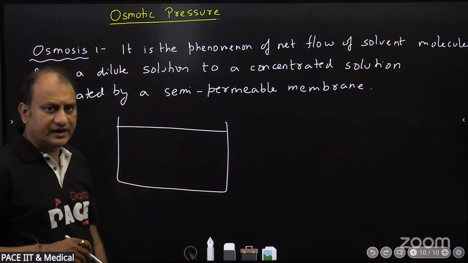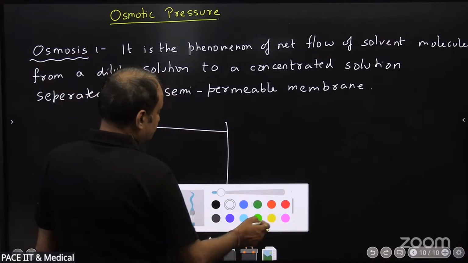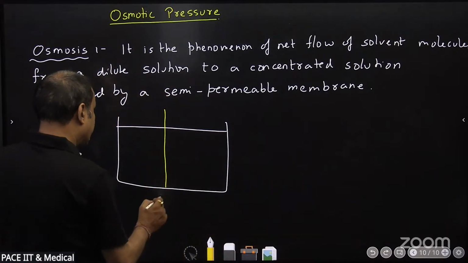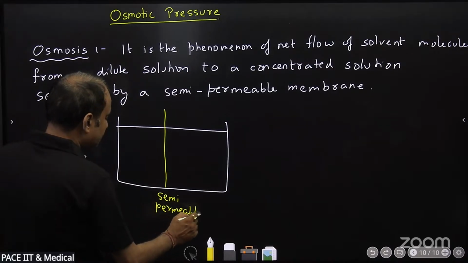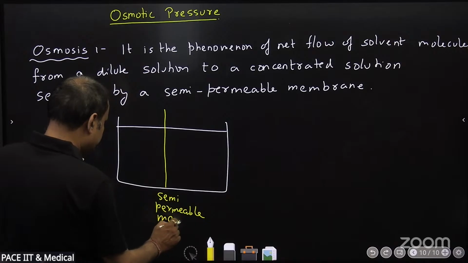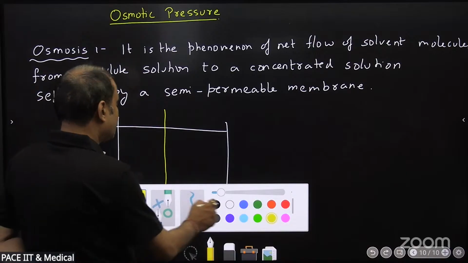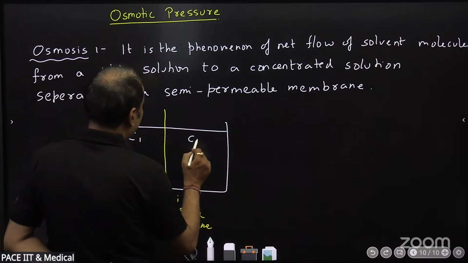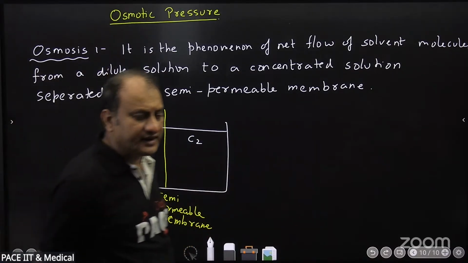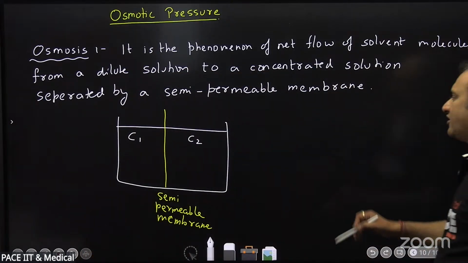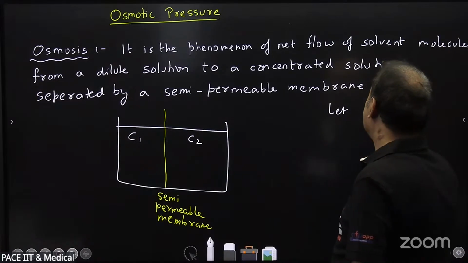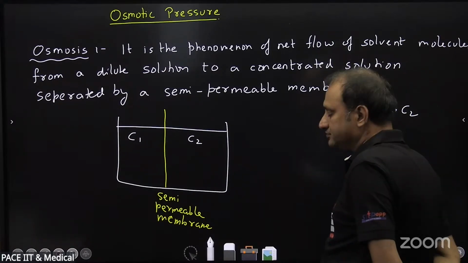So let's say in a beaker, we have two solutions which are separated by a semi-permeable membrane. Let's say the molarity or the concentration of both the solutions is different. And let's say for the sake of discussion, C1 is greater than C2.